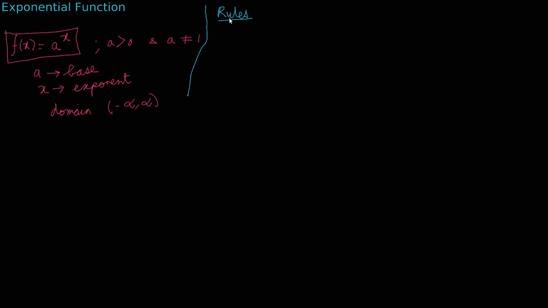A few rules I guess all of us know. If I have a power x and I multiply with another exponential function a power y, I can essentially write a power x plus y. So I am simply adding both the exponents.